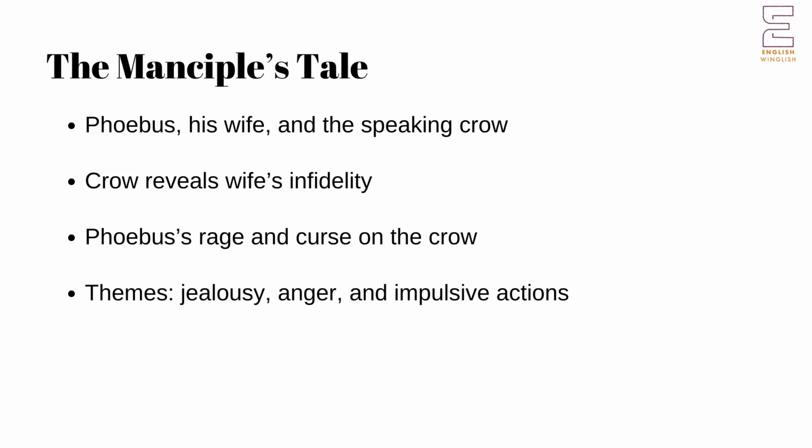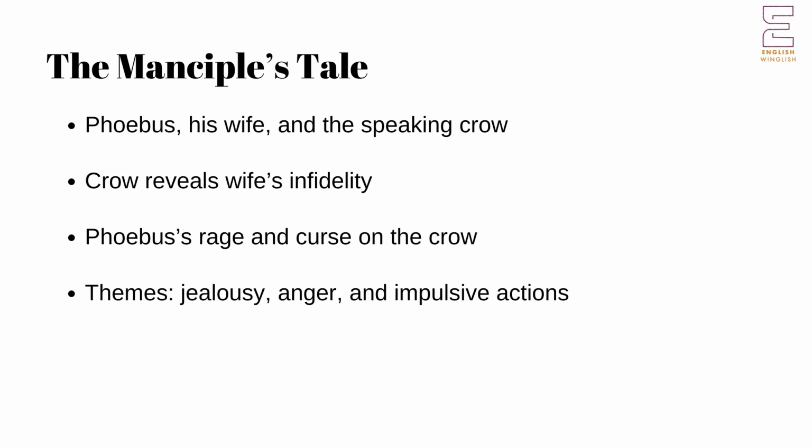The Manciple's Tale. The Manciple's Tale is a story about the god Phoebus and his pet crow. Phoebus, who is extremely possessive and jealous, has a beautiful wife whom he deeply loves. The crow, which can speak, reveals that Phoebus' wife has been unfaithful.